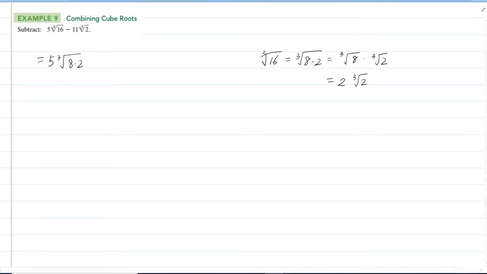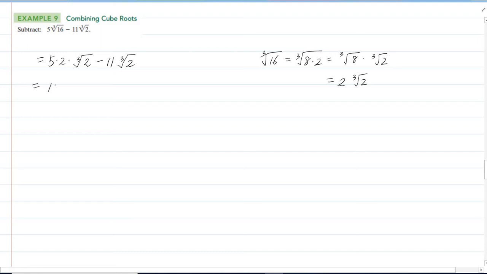So now I can just rewrite it over here. Okay? So I can write 5 times 2, and then I can write the third root of 2. Okay? And then minus 11 third root of 2. Okay, I write it on purpose. It's really close to this side. That way I don't misunderstand that it's not 11 to the third power.